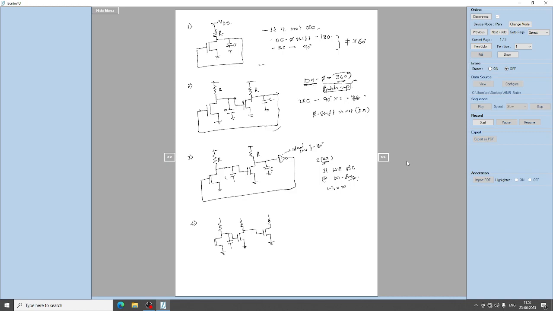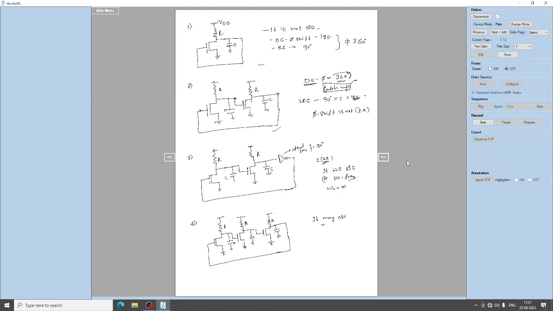So you have a 3 stage RC, VDD here. So now here what happens? Will this oscillate? It may oscillate, because anyhow this condition.